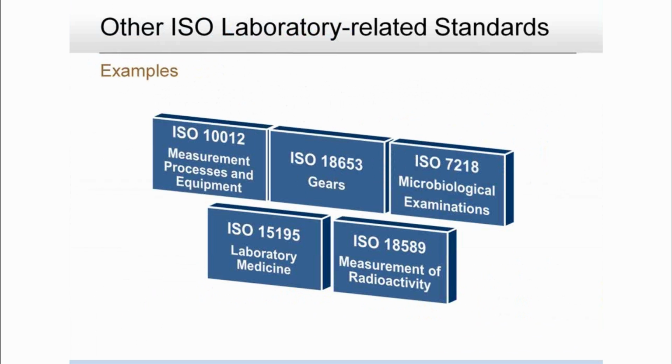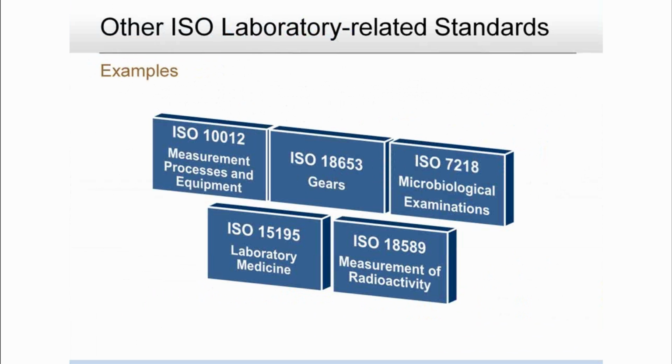There are other ISO laboratory related standards, like 10012, which deals with measurement processes and equipment. There's ISO 7218, which is microbiological examinations. There's ISO 18589 for measurement of radioactivity, and there's 15195 for laboratory medicine.